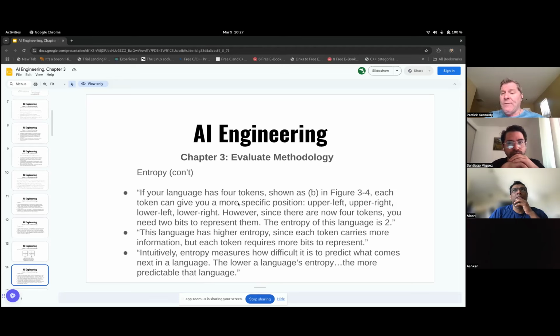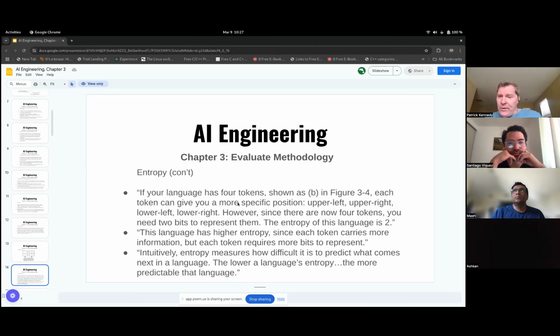The entropy of the language is 2. So you got 4 tokens, and you need 2 bits to represent them, and you got an entropy of 2.